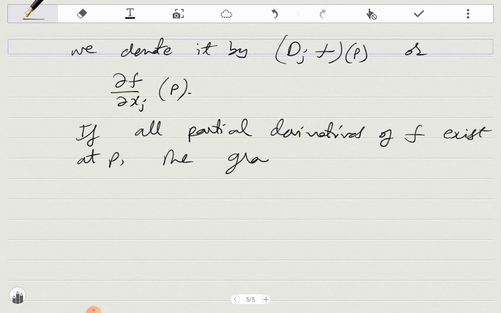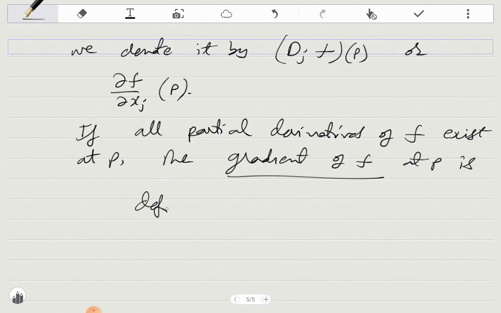the gradient of f at p is defined to be the vector del f by del x_1 at p, up to del f by del x_n at p. I can write it in many different ways.